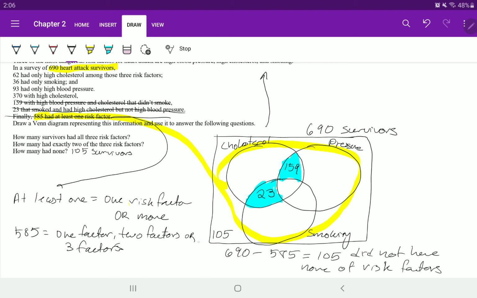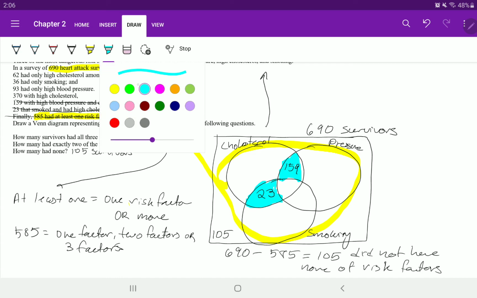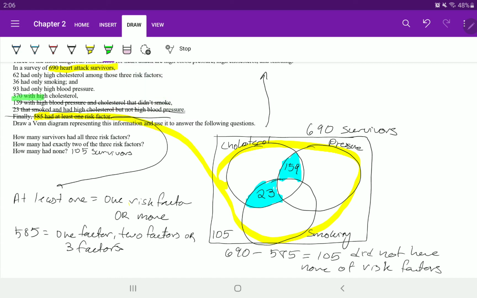You see it says 370 with high cholesterol. That 370 represents the entire circle of high blood pressure. Excuse me, of high cholesterol. My apologies.